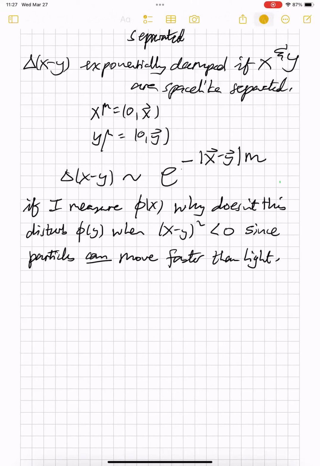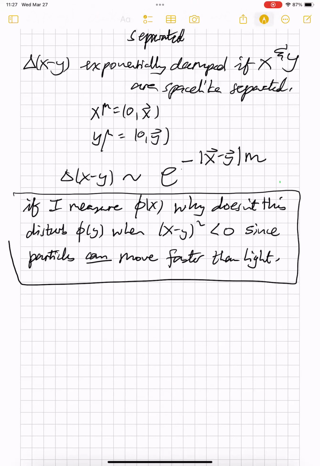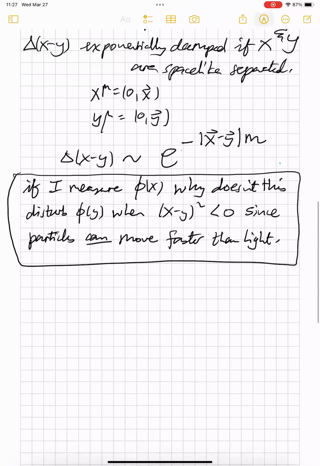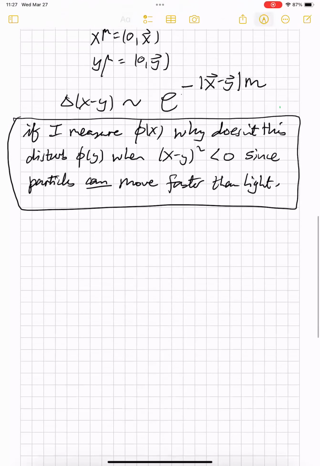So this is the basic question that I have to come to terms with. If I measure phi of x, why doesn't this disturb phi of y, even when x and y are space-like separated, since particles can move faster than light?